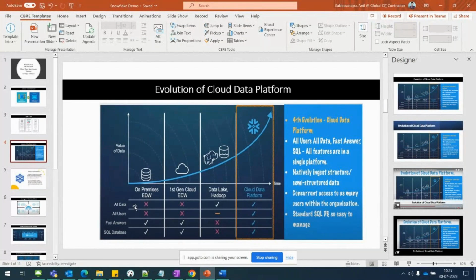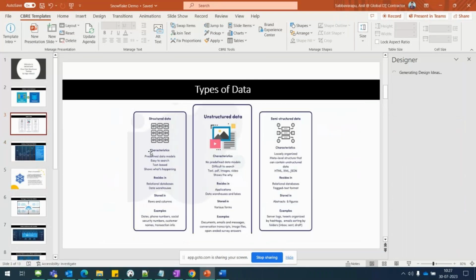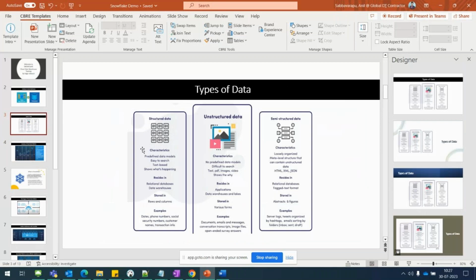It is supporting the structured data, where you have a definite structure, columns and rows, but it is not supporting all types of data. This is what I talked about: structured data, unstructured data and semi-structured data.